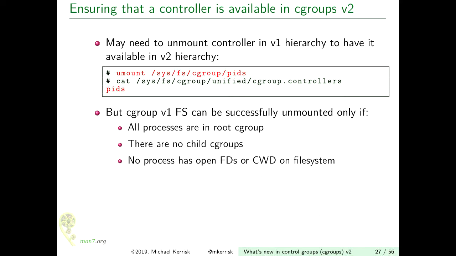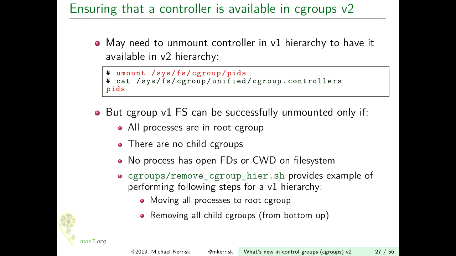And systemd, for instance, creates a lot of stuff in the various hierarchies. So if you want to unmount the hierarchy, you have to undo everything that systemd has done, for example. So you have to go through these steps, moving all the processes into the root cgroup, removing all the child cgroups, doing this from the bottom up, because you can't delete parent directories until you delete child directories, and so on. It's a slightly cumbersome process.